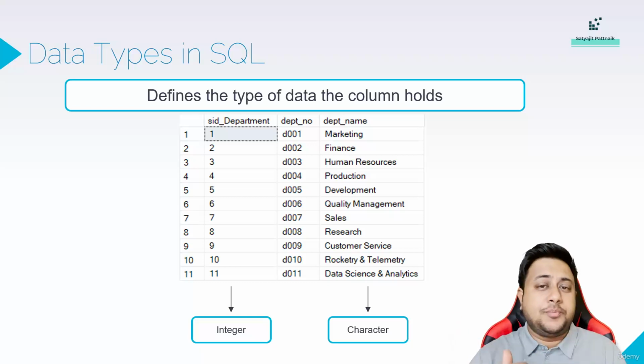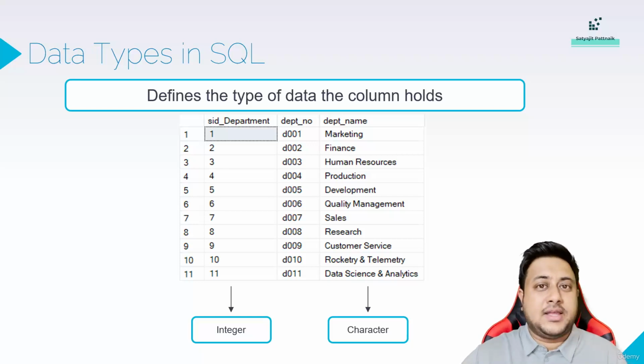Now, what could be the probable data type for this one? When it comes to Python, it's integer, right? Simple. Department number is a combination of letters and numbers: D001, D002, D003. So definitely it cannot be numbers, right? It must be a string.